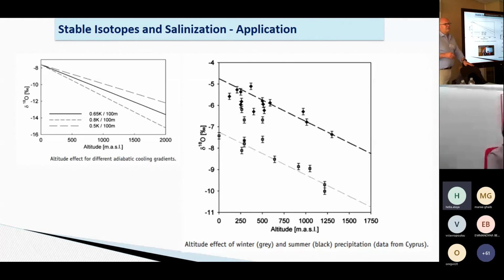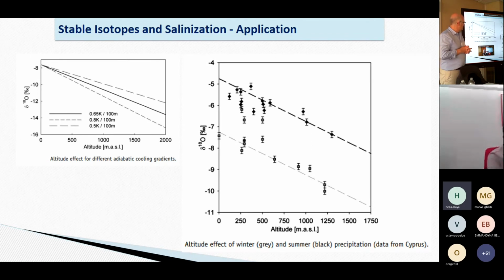The second thing is we try to use the elevation effect that I had introduced in the beginning. I told you there are three major macroscopic effects: seasonal effect, altitude effect, and continental effect. Now we have verified this. This is an example from Cyprus, where we have actually sampled water at different elevations.